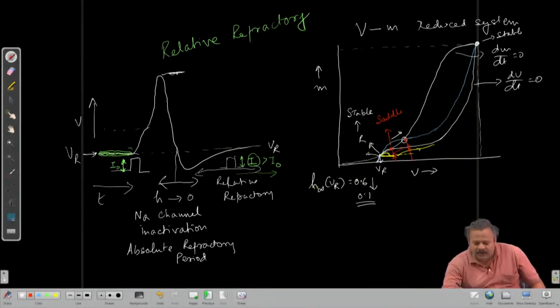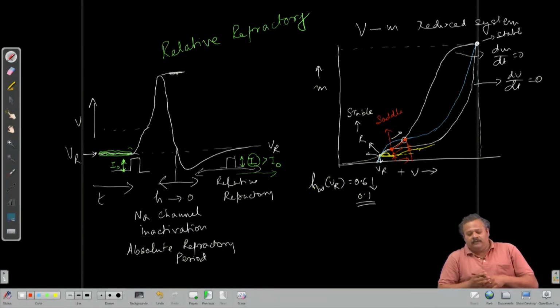So, our saddle node is moving from this particular point to the new value, because our dV dt nullcline has shifted upwards, and the corresponding stable manifold that provided the threshold also moves to the right. And so, as you can now see, if we track the yellow line, the threshold of the system has increased by a few tens of millivolts.